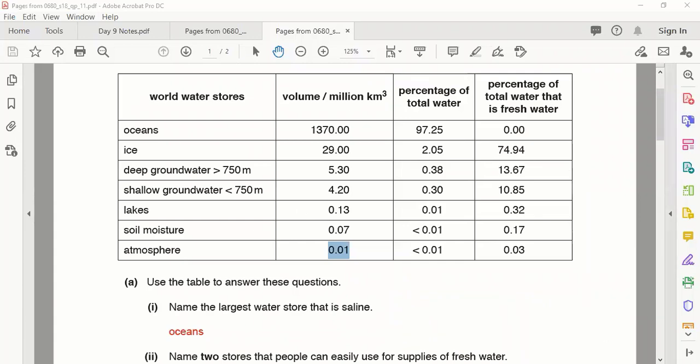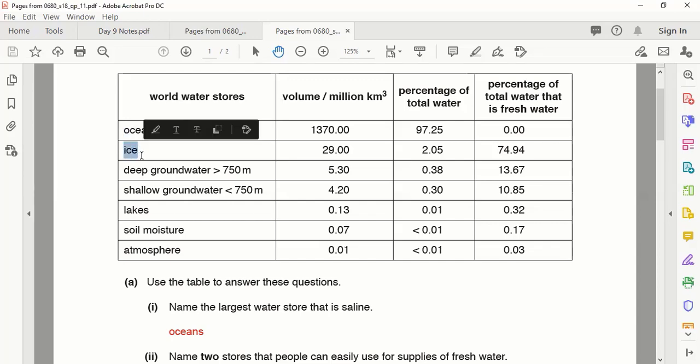Okay. Now, question number 2. Name 2 stores that people can easily use for supply of fresh water. Which are fresh water here? Oceans are fresh water? No, they are salty water.